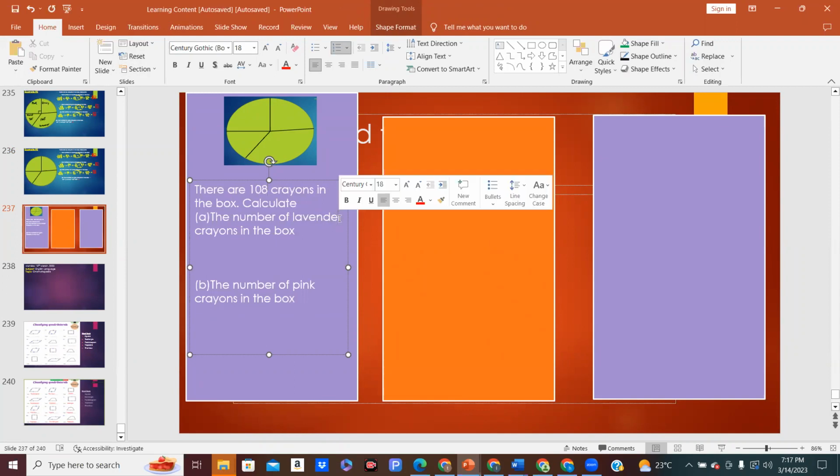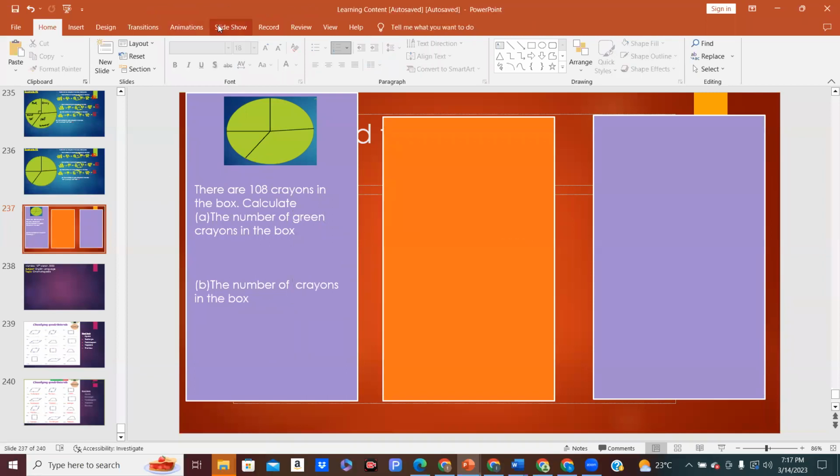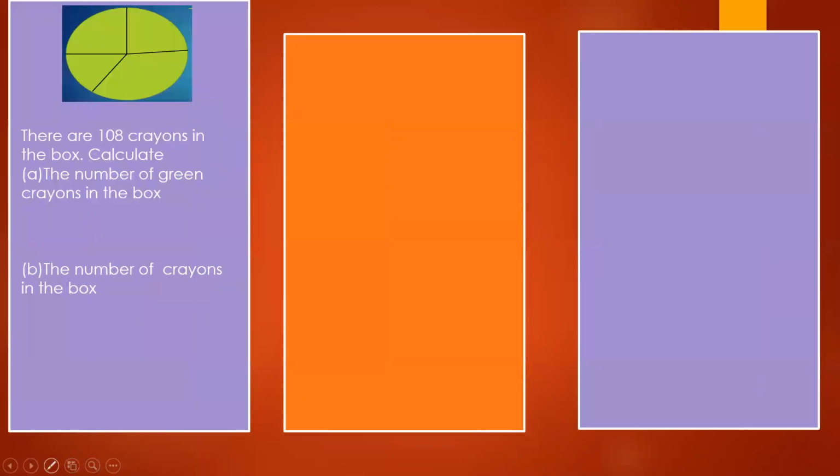Calculate the number of green crayons in the box. So let's say that for this one, this is green.